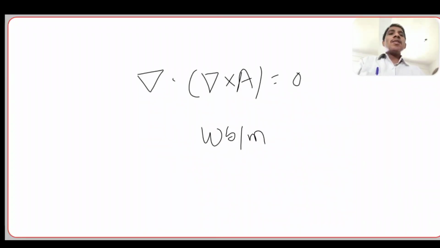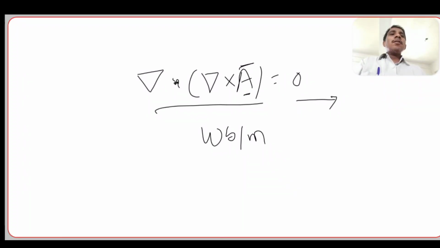It has to satisfy this equation, del dot del cross A equals 0, where A is a vector. It has to satisfy this condition: the divergence of a curl of a vector is always 0, where A bar is known as the vector magnetic potential.